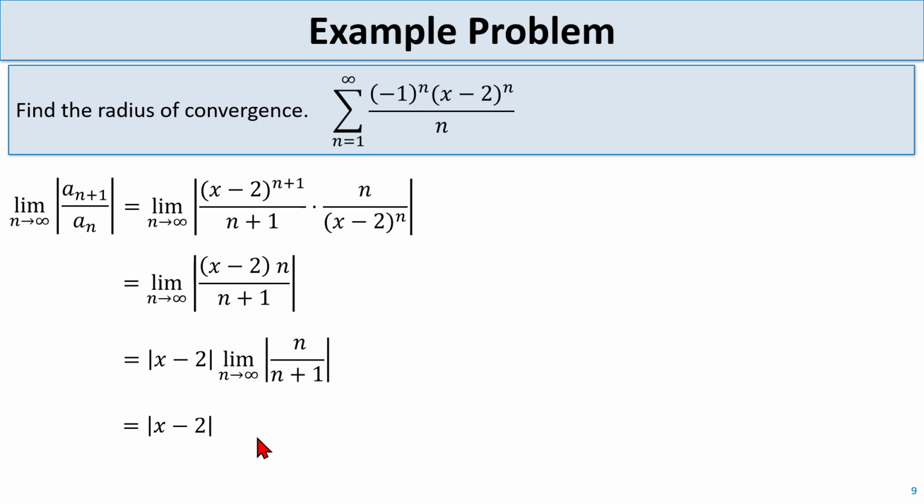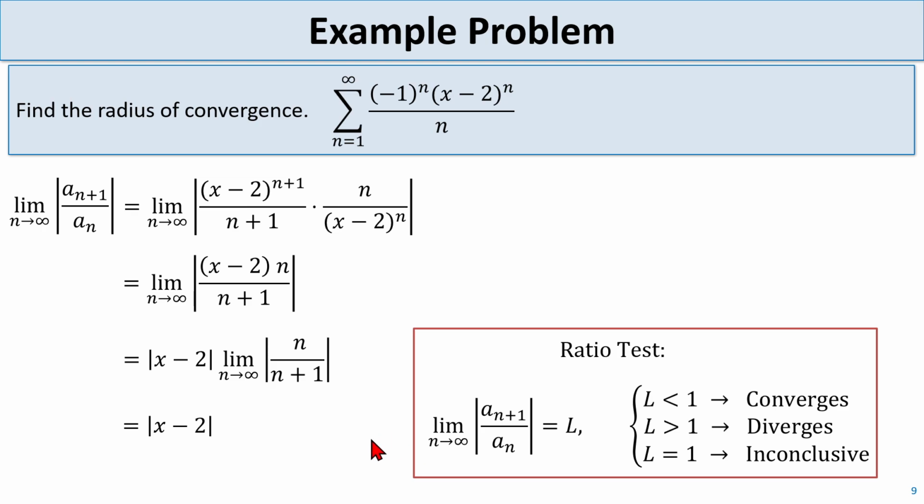Now I want to recall what the ratio test actually says, so that we can start interpreting what this result means in this problem. The ratio test says, after we take our limit, if we get a quantity L that's less than 1, then the series converges. If we get L greater than 1, the series is diverging.